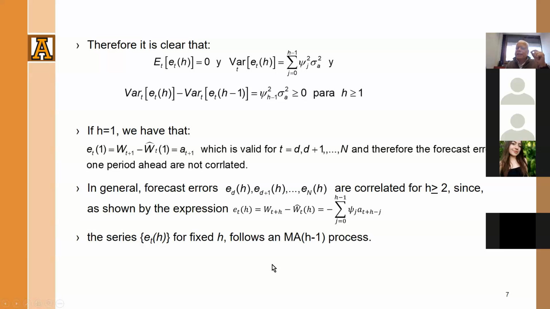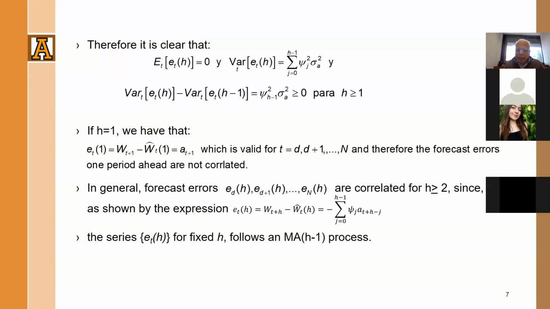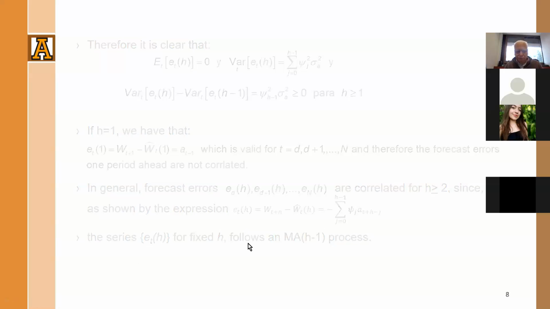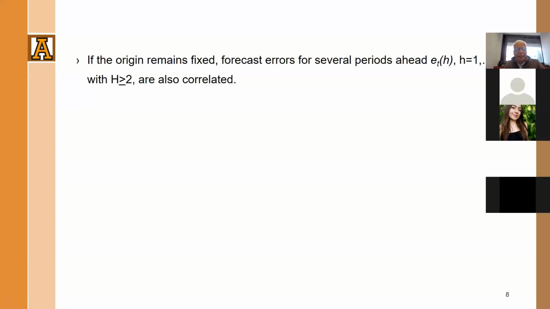So we can always expect to see some sort of correlation in the errors when we do forecasts several periods ahead, because there is some correlation among the errors for h periods ahead when h is greater than or equal to 2. Now, if the origin remains fixed, the forecast errors for several periods ahead... So previously we said if we fix h.